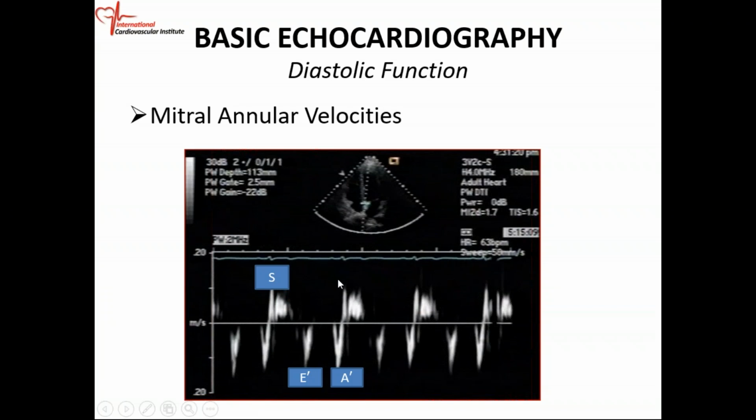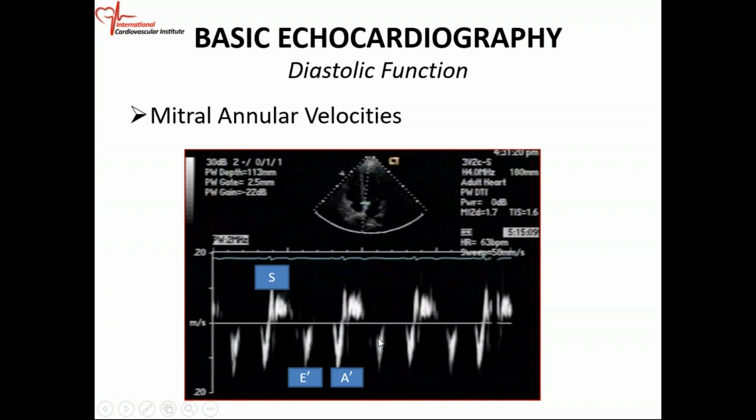Again, it's fair game in tests. This initial upstroke is your IVCT. So they can put a pointer on it and ask you what it is. This initial upstroke is your IVCT. This is the S wave. In diastole, the base of the heart moves downwards, and you get these two downward deflections.